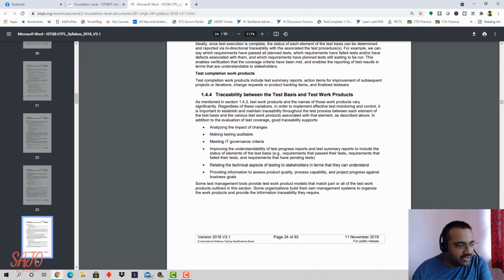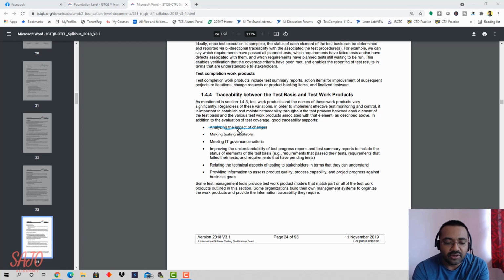So if you see here, the traceability will help to analyze the impact of the changes. Okay, so what it means? Let's say that you have requirements and there is a change in a couple of the requirements. So now you have to analyze what is the impact because of these two requirements changed.